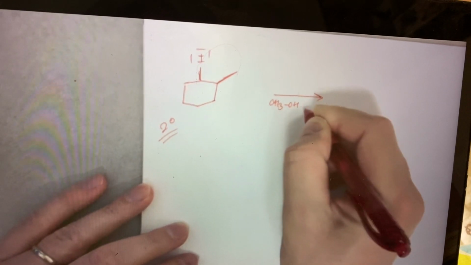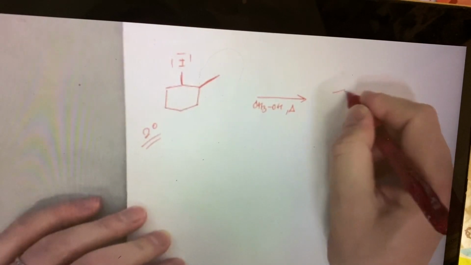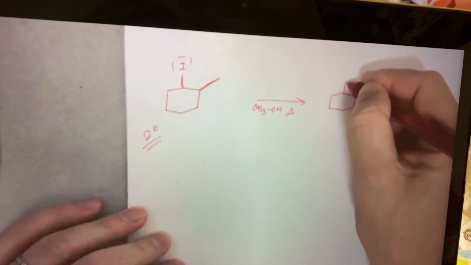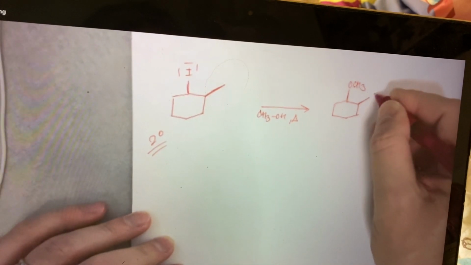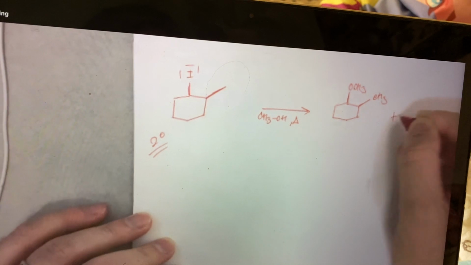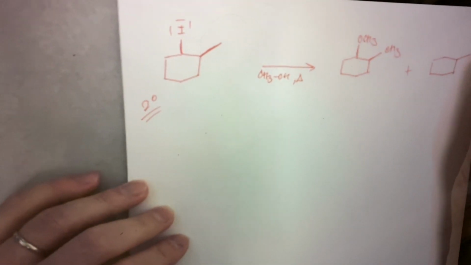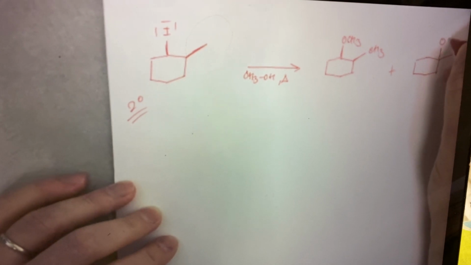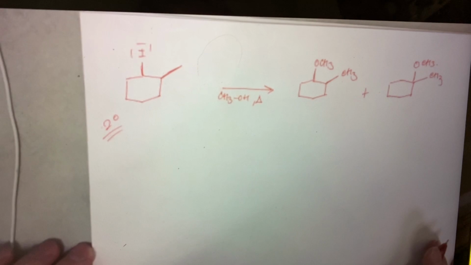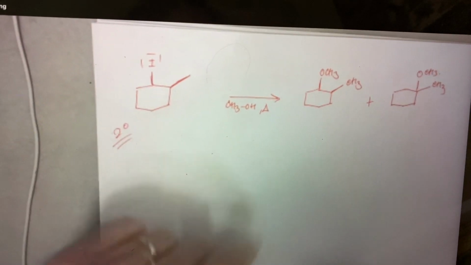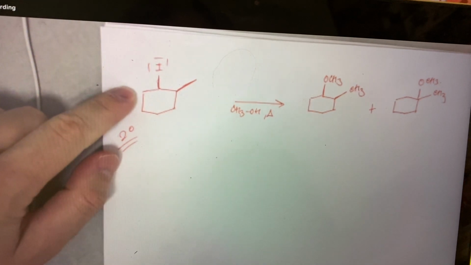If we take methanol and heat here, this is a particular problem. Secondary substrate, heat, methanol. Could go either way for SN2 or SN1.